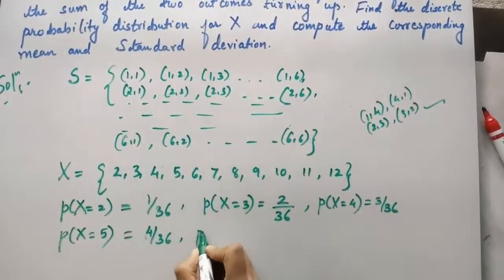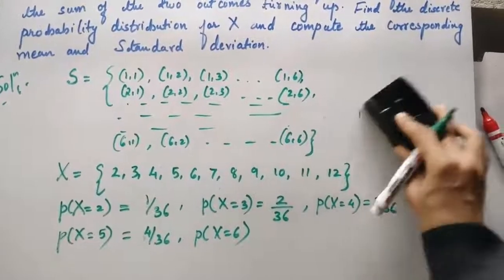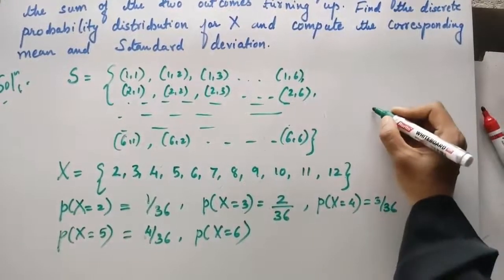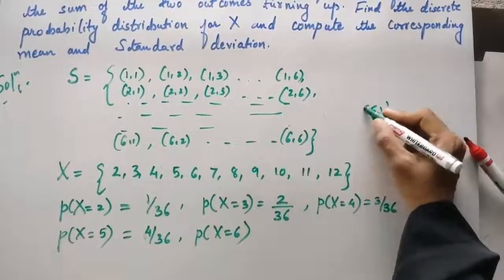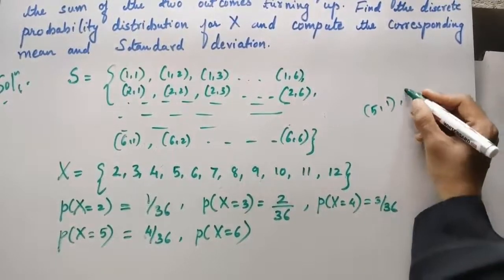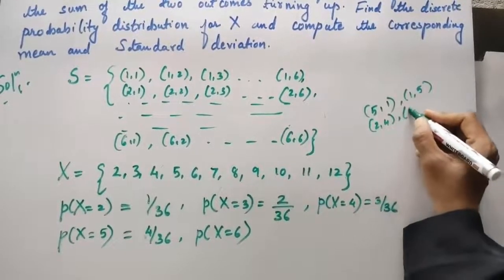Okay, now probability of x to be equal to 6. Which of these ordered pairs are giving the sum to be 6? So it will be 5 comma 1, 1 comma 5, 2 comma 4, 4 comma 2.